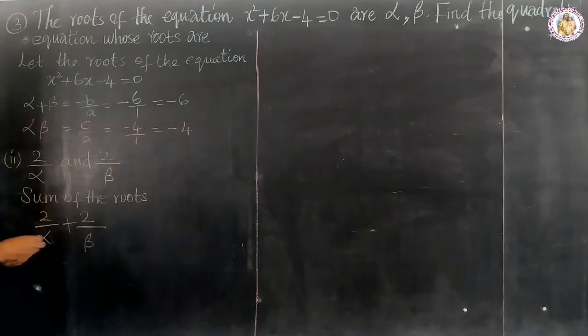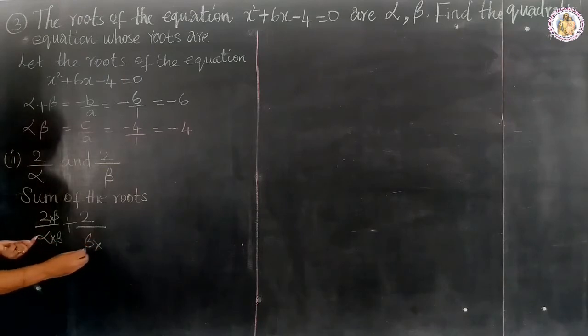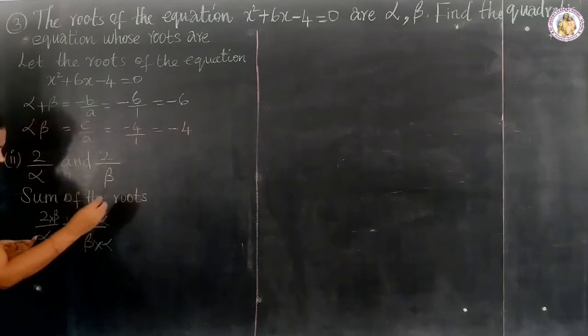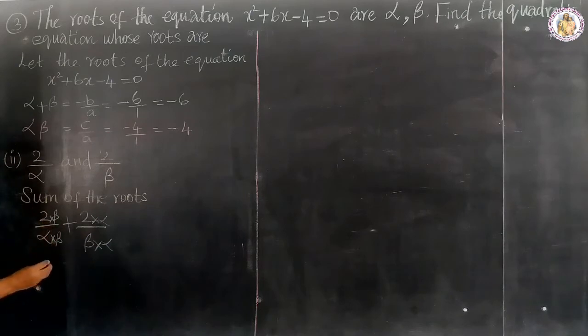Now cross multiply, or multiply both numerator and denominator with beta, and here multiply with alpha. So that 2 into beta, 2 beta divided by alpha into beta.